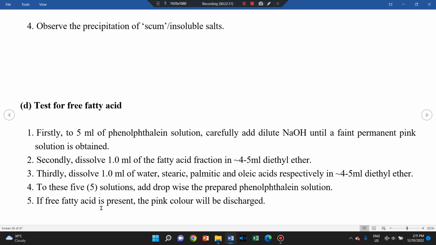You will see, once the faint pink color touches the solution, if it turns out to be acidic, the color will be discharged.